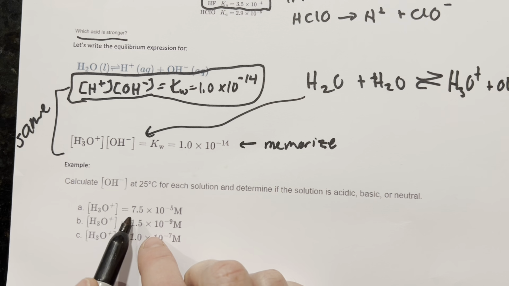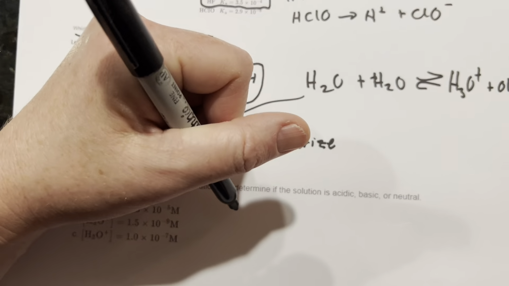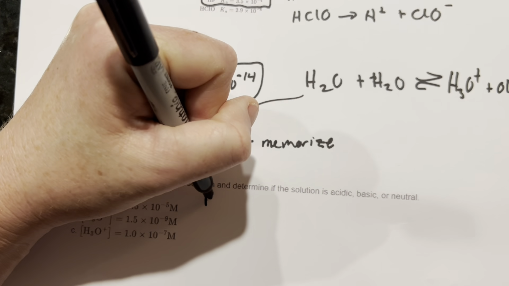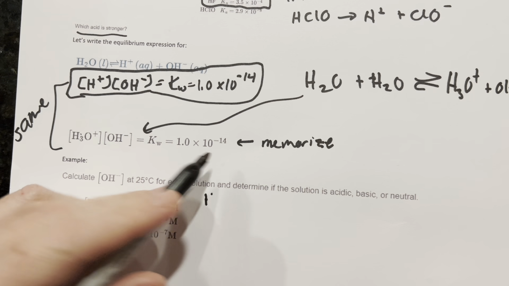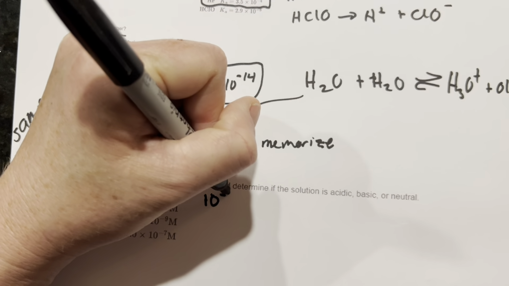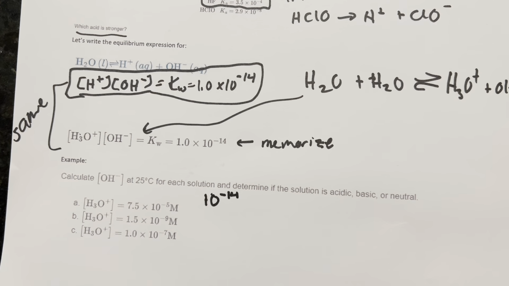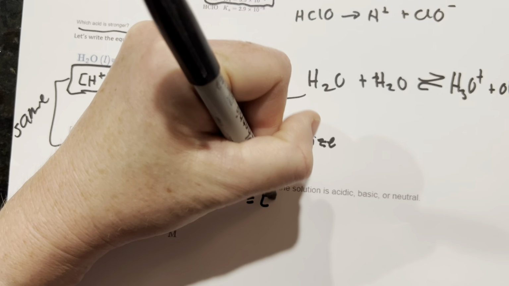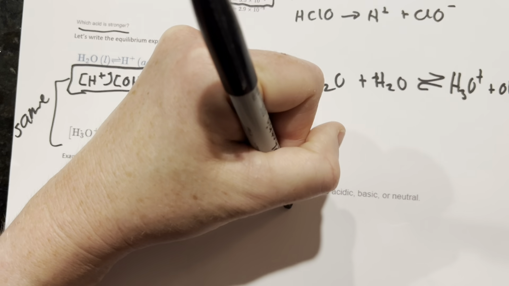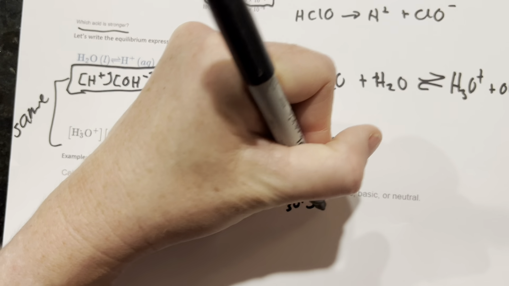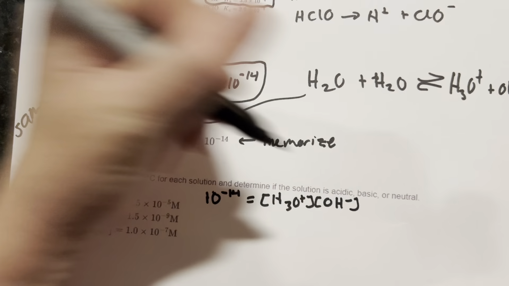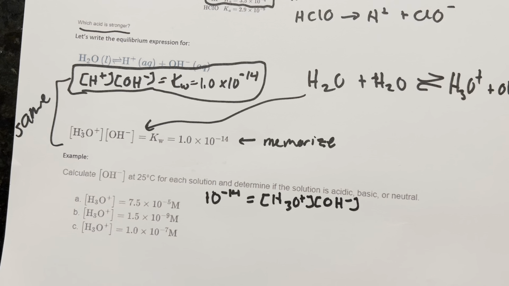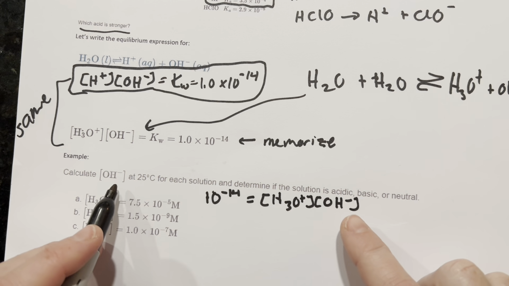So here we have H3O plus is equal to 7.5 times 10 to the negative 5, and we know that 1 times 10 to the negative 14, you don't even need that 1. 1 times anything is itself. So 10 to the negative 14 equals our H3O plus times our OH minus, right? In other words, we're solving for OH minus in all these situations.